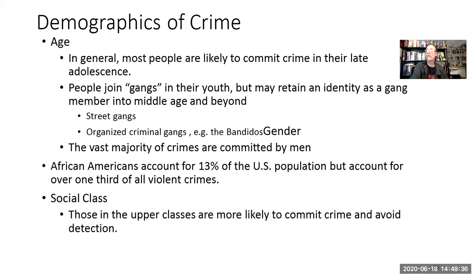Many of them do commit crimes, sometimes in an organized manner, sometimes opportunistic, street gangs, but some of them are involved in dealing drugs. There are also organized criminal gangs like the Bandidos, a motorcycle club that engages in contract assassination, drug trafficking, and human trafficking.